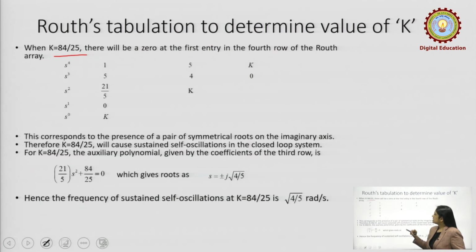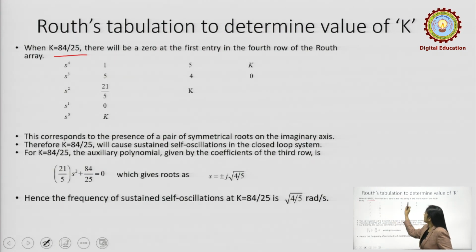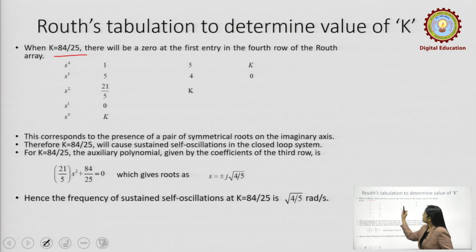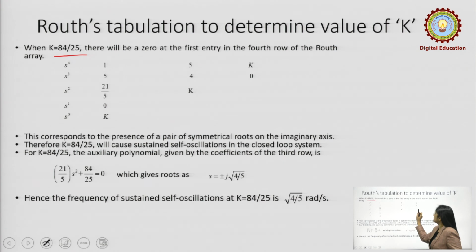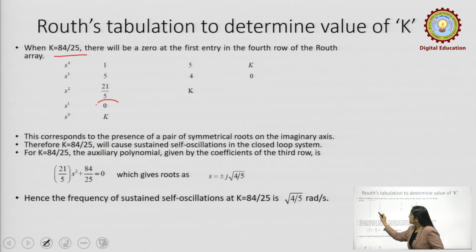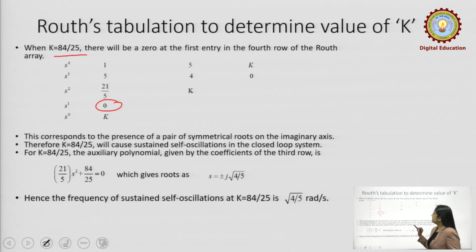I have written the remaining elements 1, 5 k; 5, 4, 0; 21 by 5, k, and there is no 21 by 5 k term. So, this element has become 0 when we put k equal to 84 by 25.